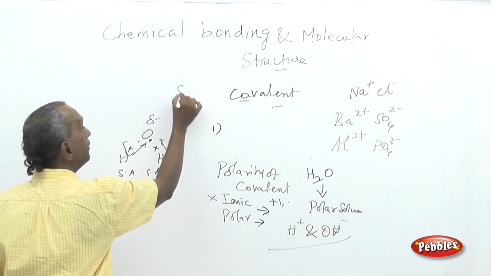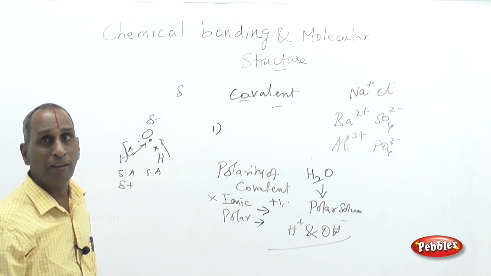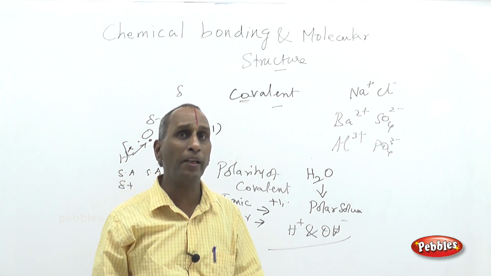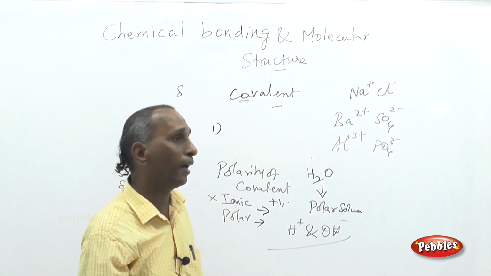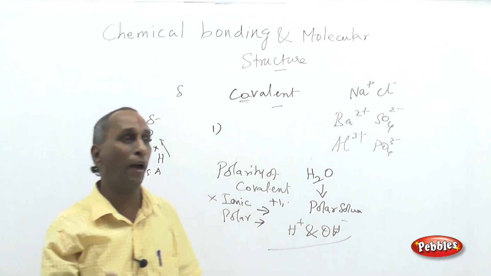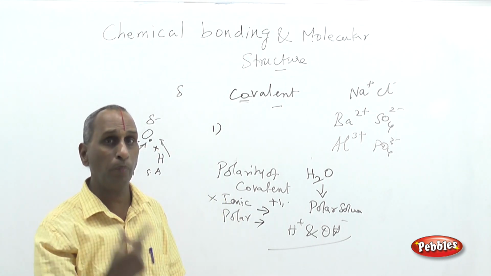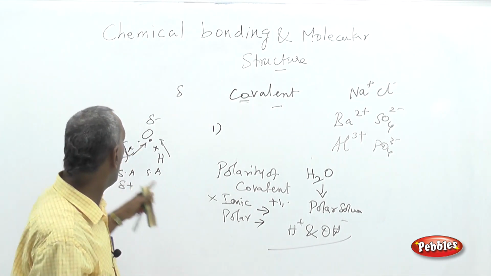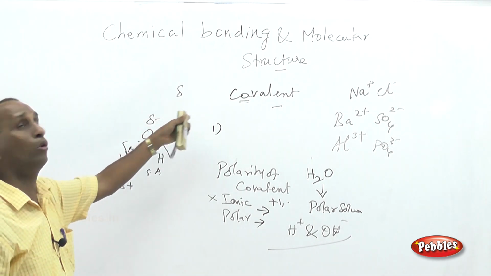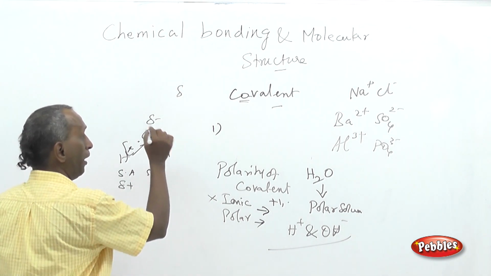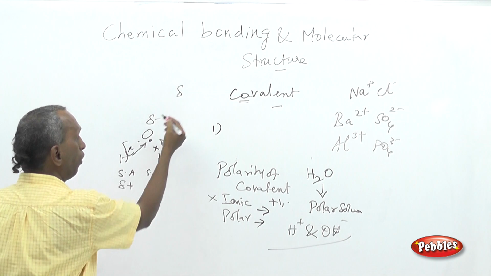This is called the Greek letter delta. Delta stands for the fractional positive charge. If one atom is more electronegative than the other, the central electron pair will move towards the more electronegative atom. If the electron pair moves towards oxygen, hydrogen's electron also goes towards oxygen. So oxygen is electron rich, and its electron density is more.